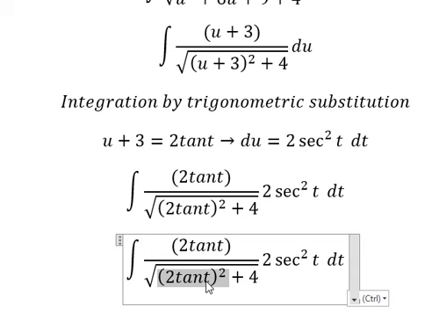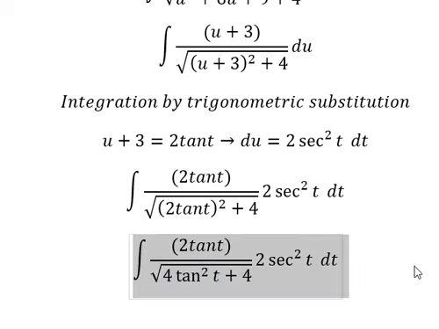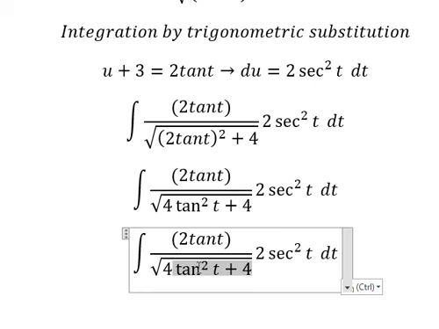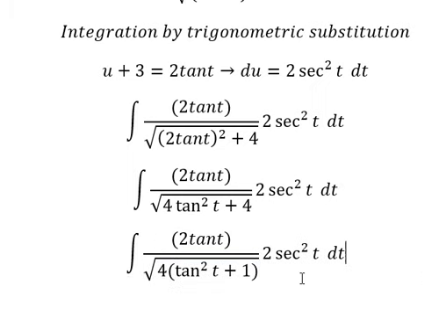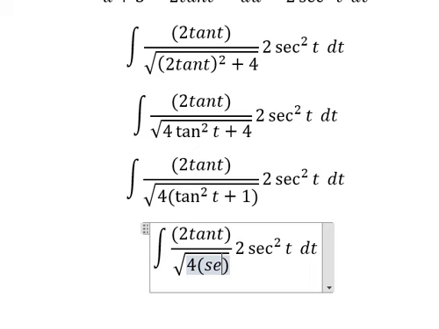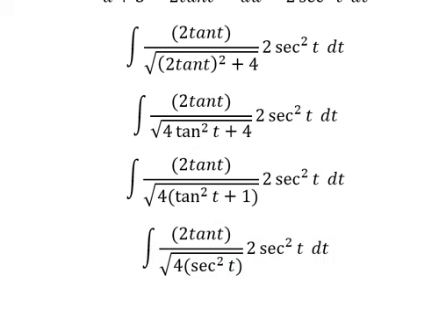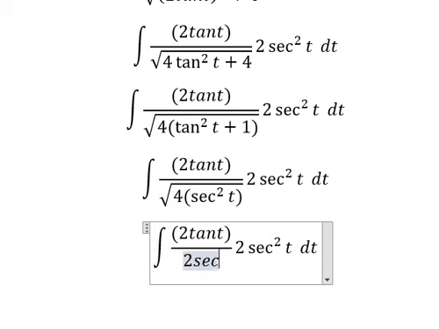So this one, we have number 4 tan t square. So number 4 and number 4, we can do factorization. This one is secant of t square. The square root of this one is number 2 secant of t.